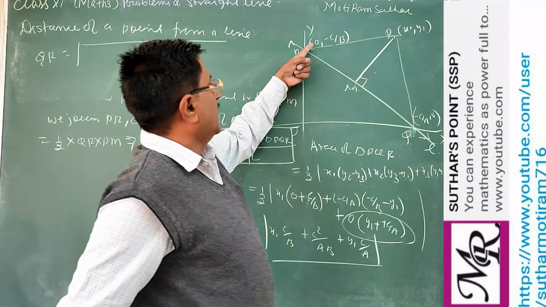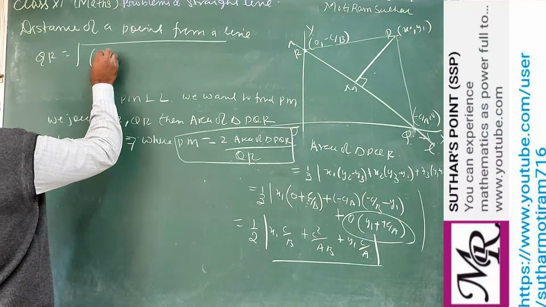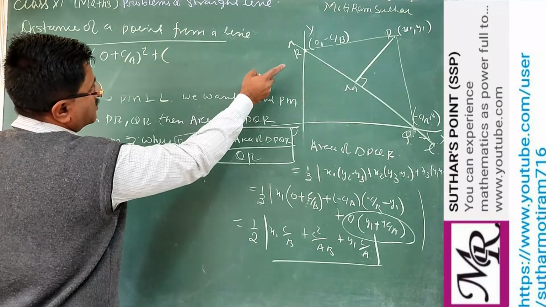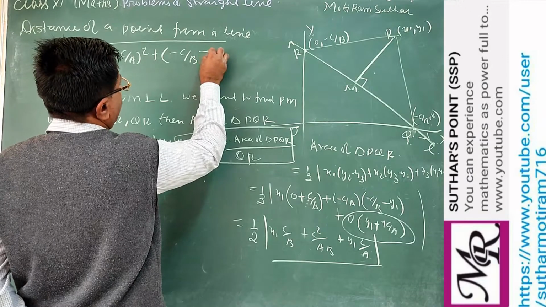So suppose this is x2 minus x1, 0 minus minus plus, and this is y2 minus y1.